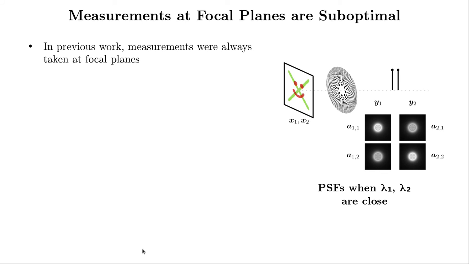So in a lot of previous work, sort of the status quo is to make measurements at the focal planes, which can work well, but in certain situations when you have sources which are very close in wavelength, your focal planes are very close together, and so this can lead to poor reconstructions.